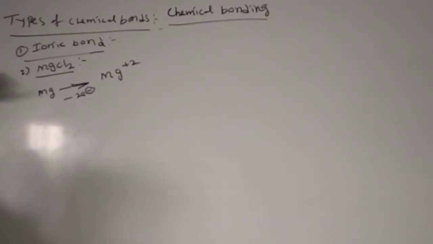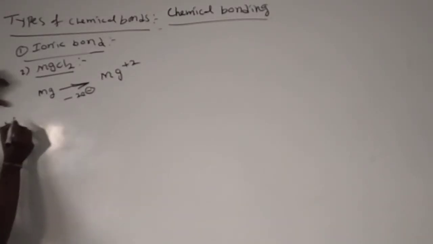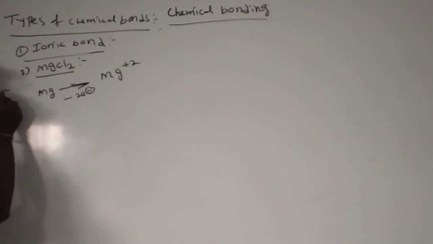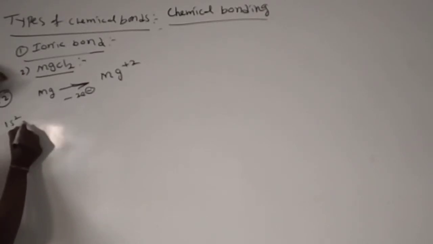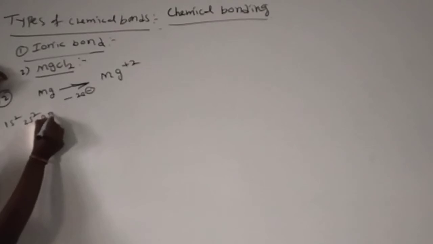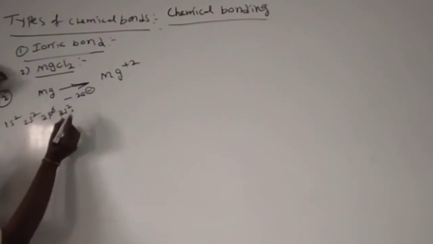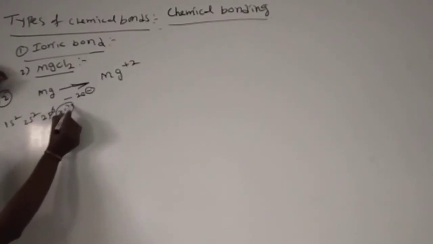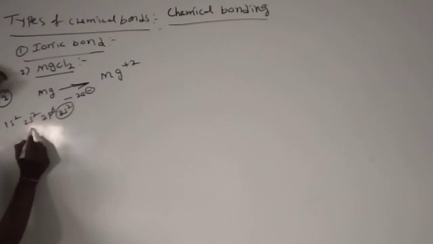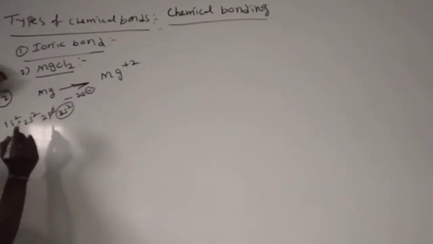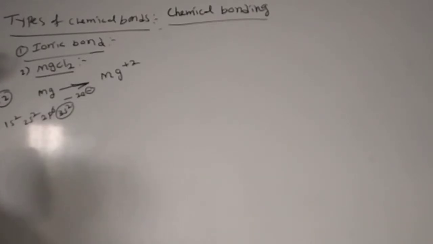Why does magnesium lose 2 electrons? See the electronic configuration. The atomic number of magnesium is 12: 1s2, 2s2, 2p6, 3s2. If it loses these 2 electrons, it gets the inert gas electronic configuration. That means it obeys the octet principle.